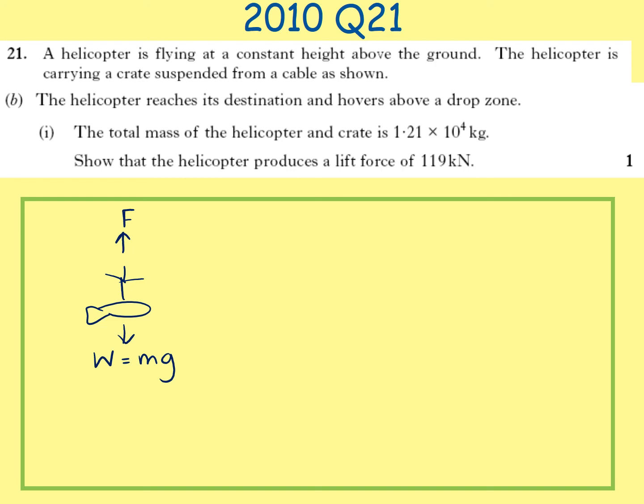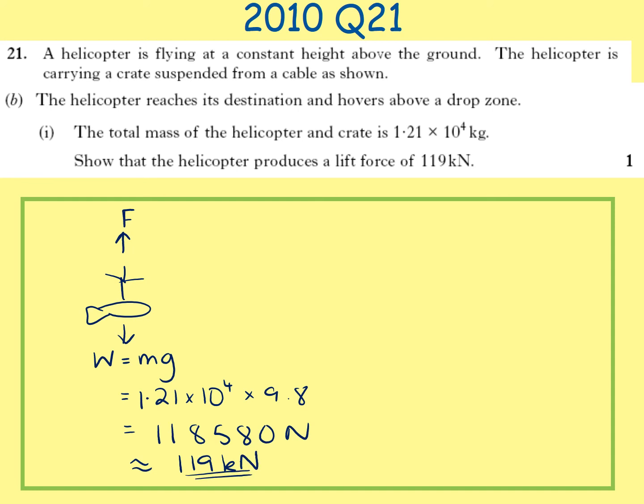Our weight is equal to mass times our gravitational field strength, which is 1.21 times 10 to the 4 times 9.8, which is equal to 118,580 newtons. We can say that this is approximately 119 kilonewtons.